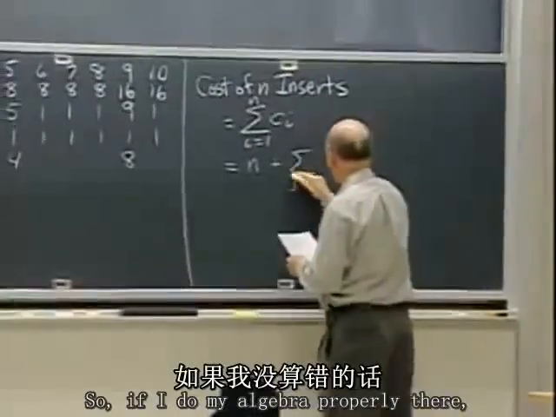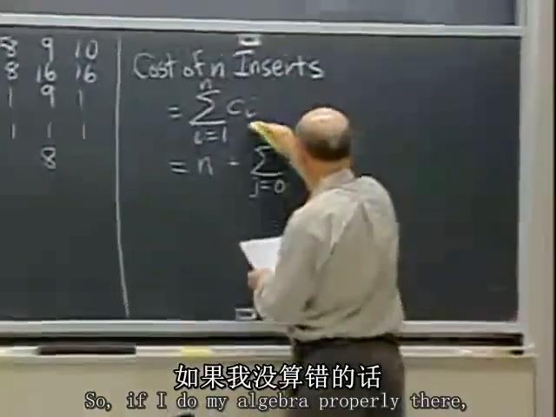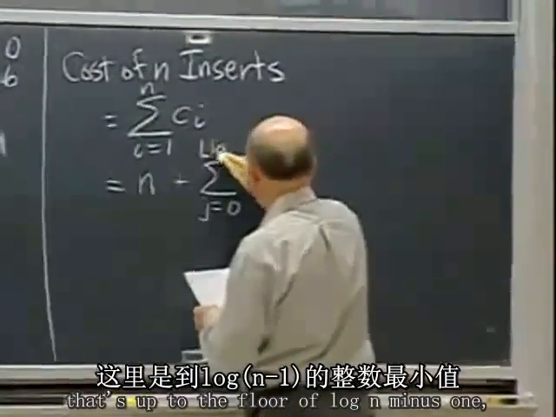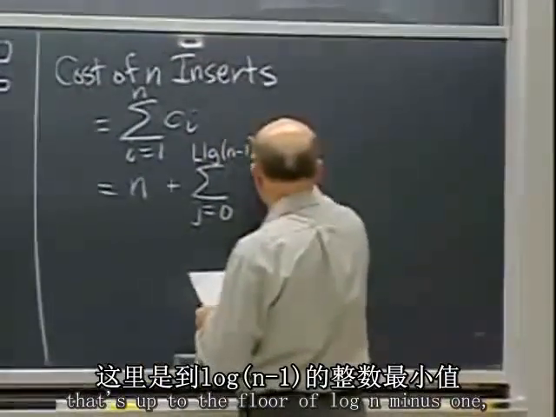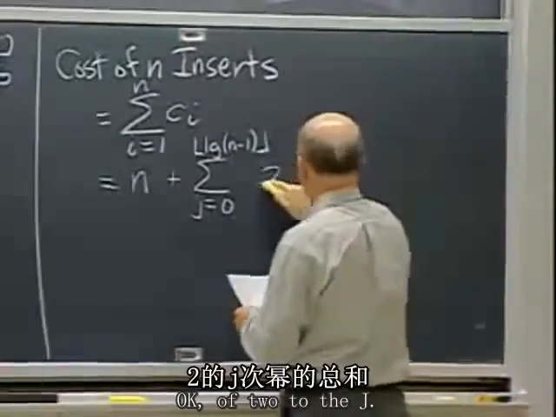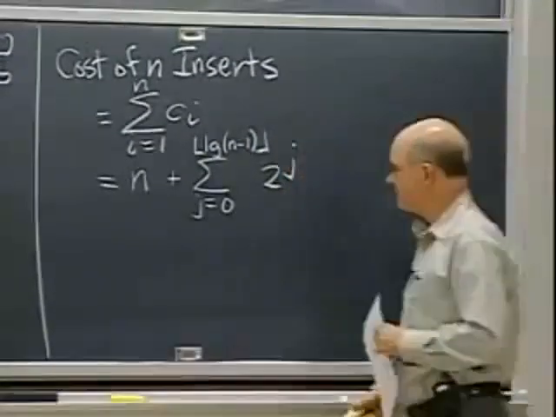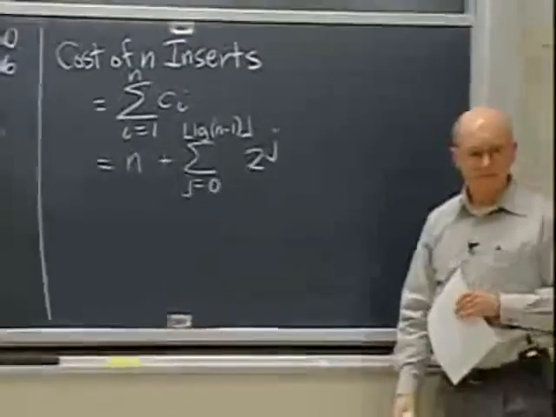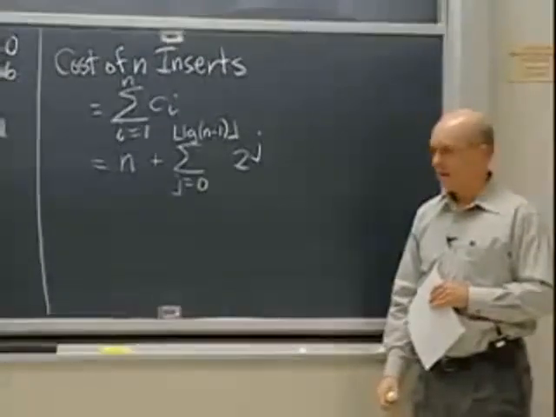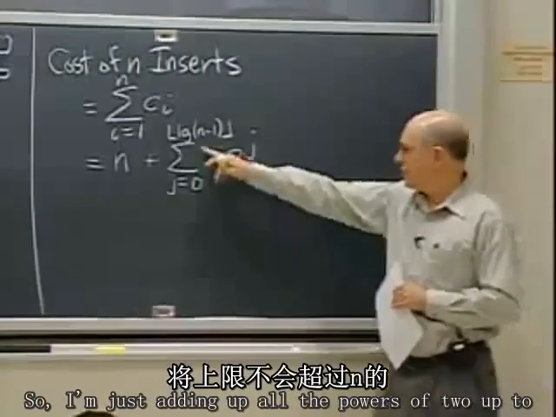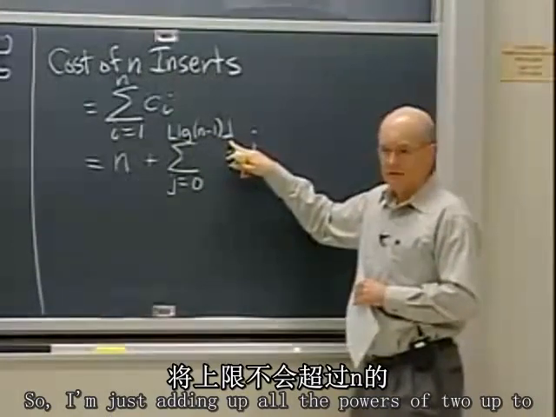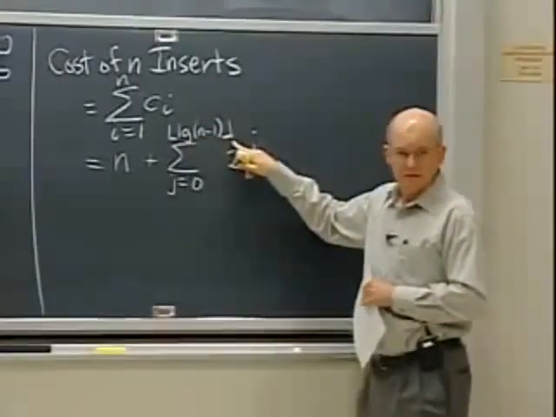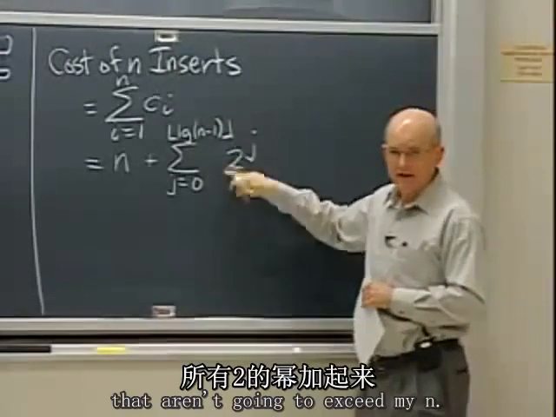So if I do my algebra properly, that's up to floor of log of n minus 1 of 2 to the j. I'm just adding up all the powers of 2 that aren't going to exceed my n.